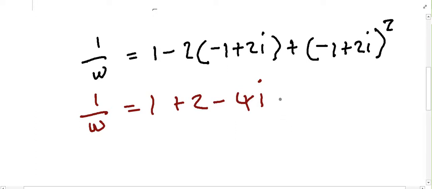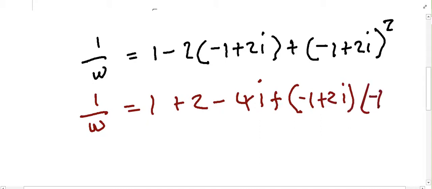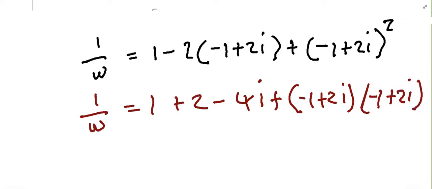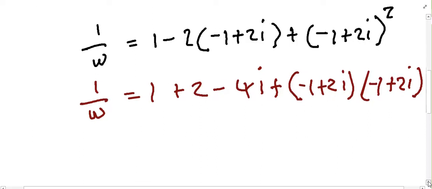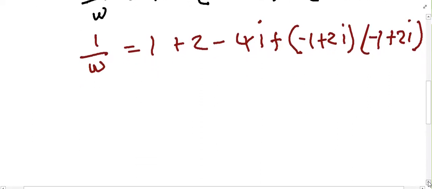This you can expand. I'm not going to do it fast because we are different. So you're going to say negative 1 plus 2i, and then you multiply it by negative 1 plus 2i, because it is squared. So since it's squared, you just do what I have done.